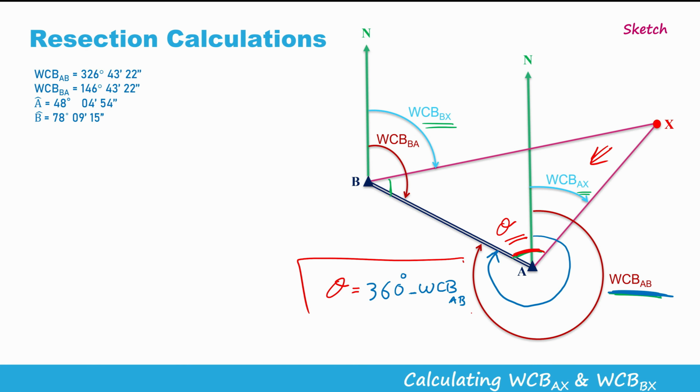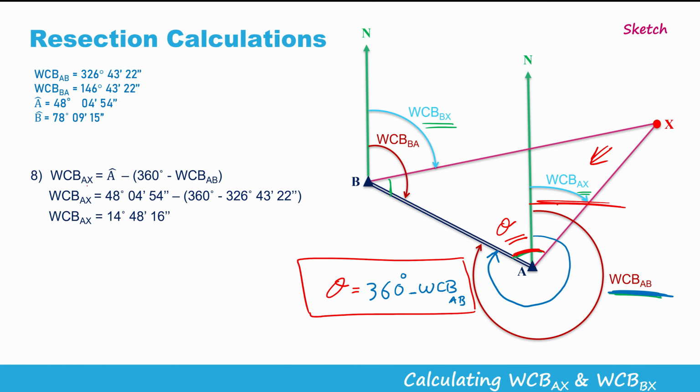Now to calculate the whole circle bearing of AX, it would be angle A minus theta, as we agreed. This is theta, 360 minus the whole circle bearing of AB from here.